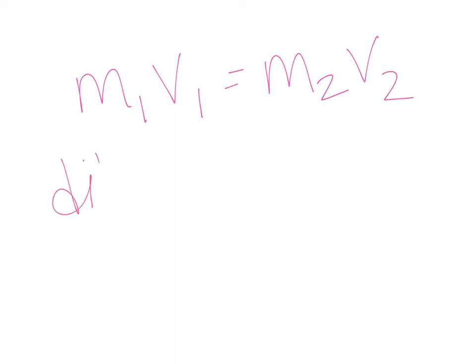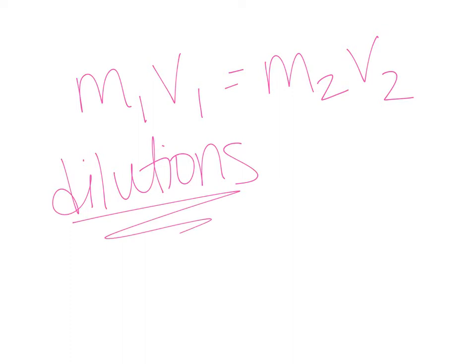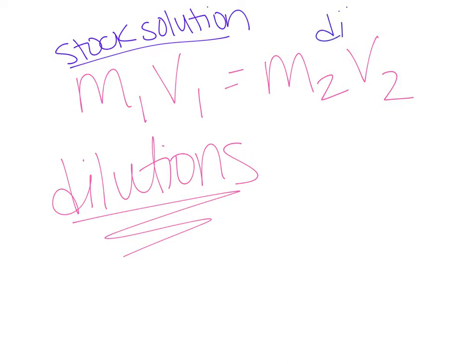The other one that you got in this little section was M1V1 equals M2V2, and that is for dilutions. For dilutions, the first set is your stock solution, which is usually your more concentrated solution, and then this is your diluted solution.